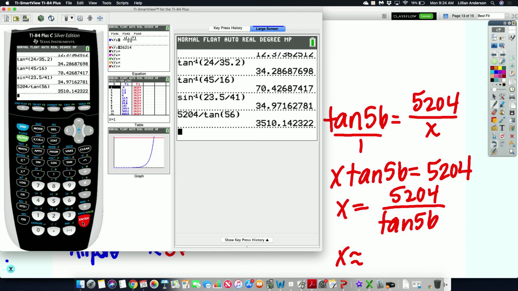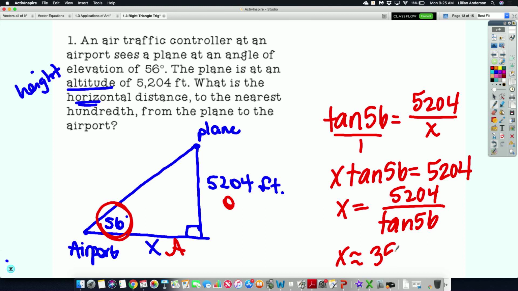Got this? Then there's hundredths. What would it be? For the decimal, right? And don't forget your units here.